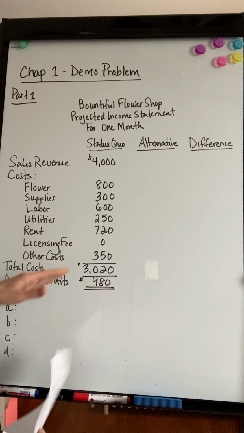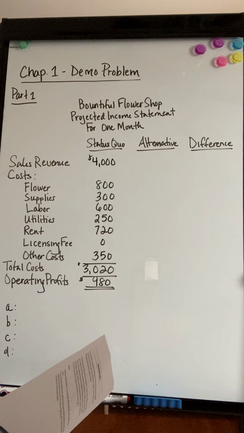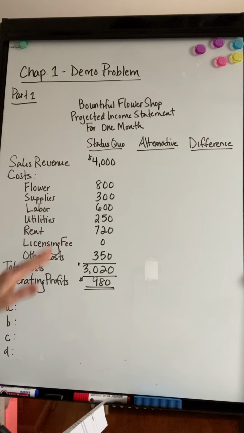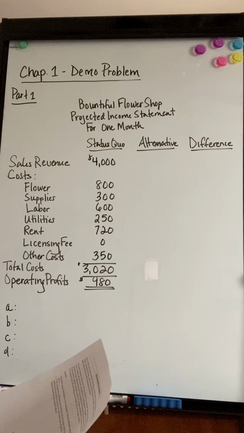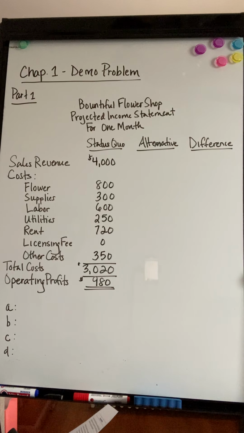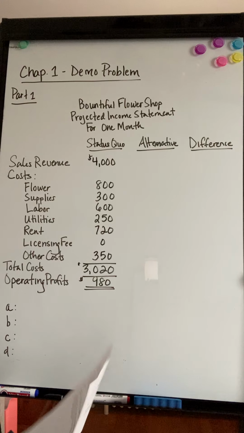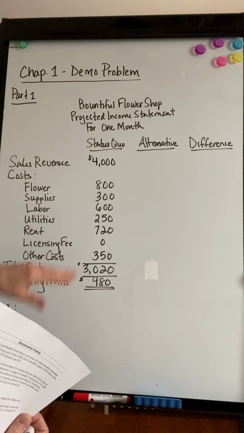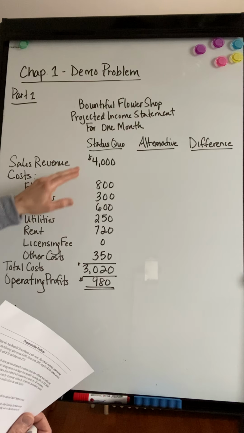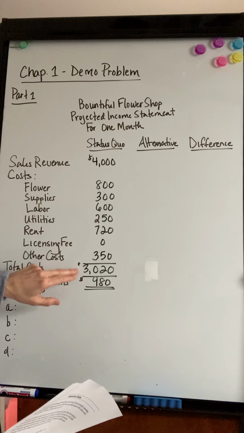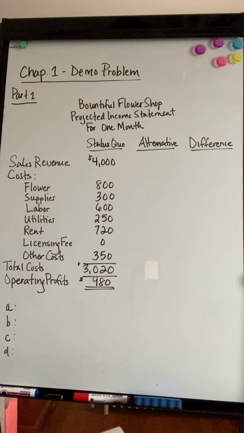And then other costs, and typically we list other last. When you add up all those expenses, you have total costs of $3,020, and you can double check my math for me. Then 4,000 revenues minus costs of 3,020 gives him operating profit of 980. So that's what he's currently experiencing in his flower shop.